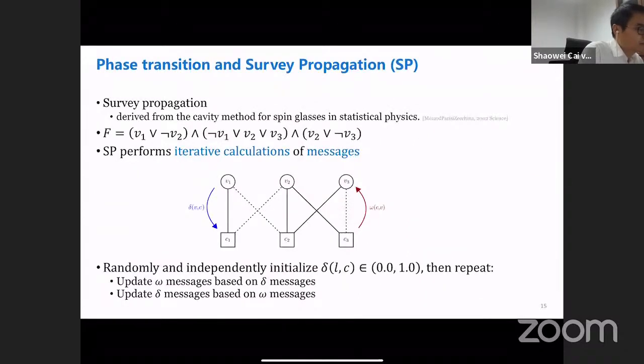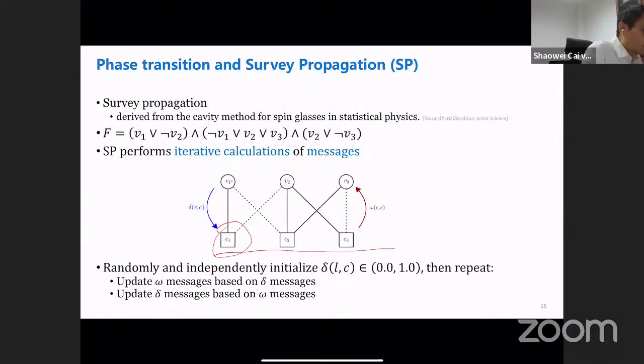And this is a very short introduction about survey propagation. It's derived from the cavity method for spin glasses in statistical physics. So basically, it's an iteration algorithm. It is built to work on a factor graph. This is a factor graph, and the square corresponds to a clause. A circle corresponds to a variable.